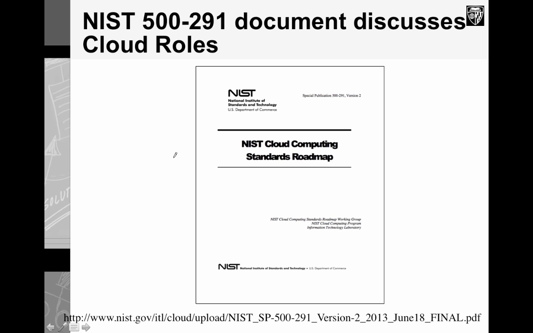Well, NIST also has another document, which is NIST 500-291, that discusses cloud roles. This is another very important document that I strongly suggest that you take a look at, but we will be covering the important aspects of this particular document in this section and in other sections.